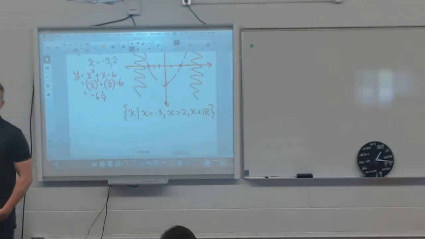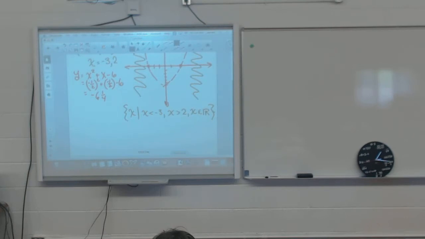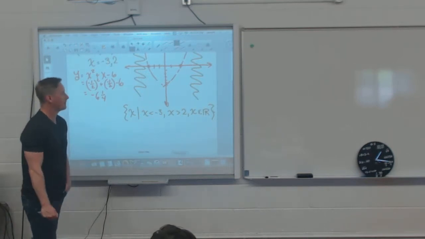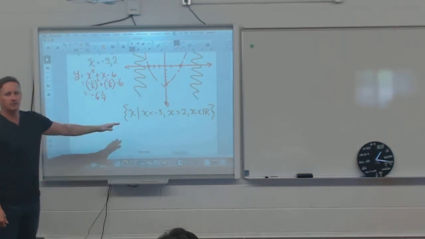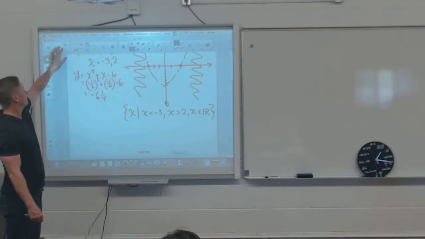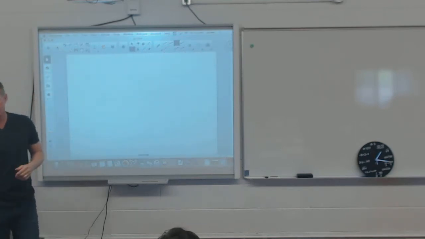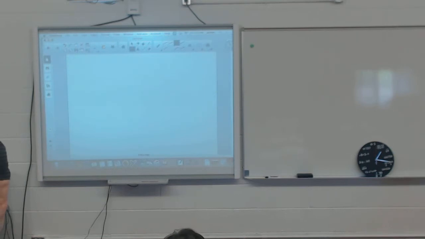So there's your solution for this. X is going to be less than negative 3, X can be greater than 2, and X an element of the reals. Okay? Questions so far? Alright, let's have a look at the second one, and then if you have questions, that's where it'll end up being. Alright?